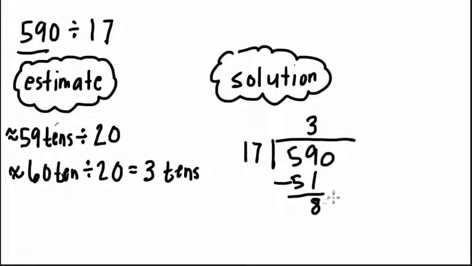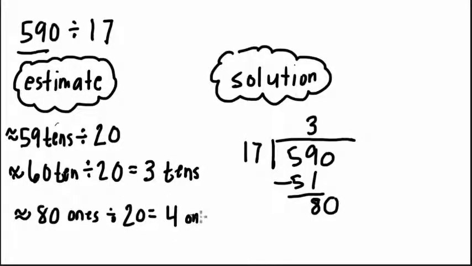What's another way we can look at that? 81 ones, okay? And again, I'm estimating. Why am I estimating here? I didn't have to estimate the 80, but I am going to estimate the 17 to 20 again to estimate my quotient. And 81 ones divided by 20 is 4 ones.